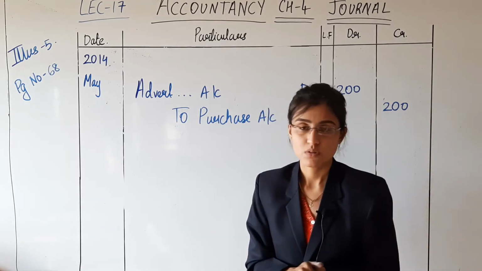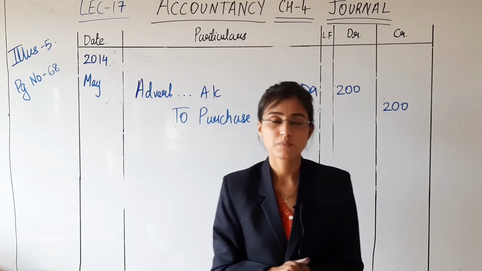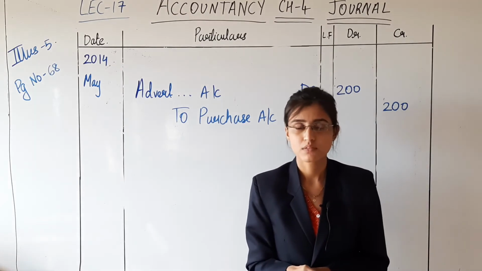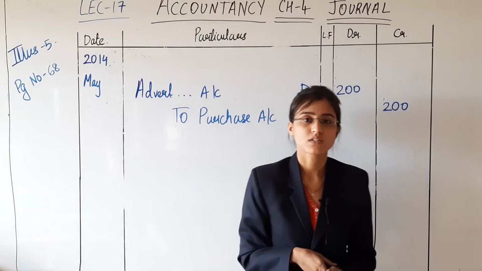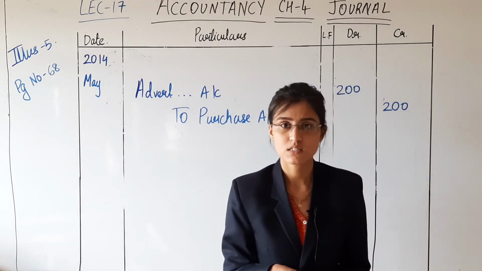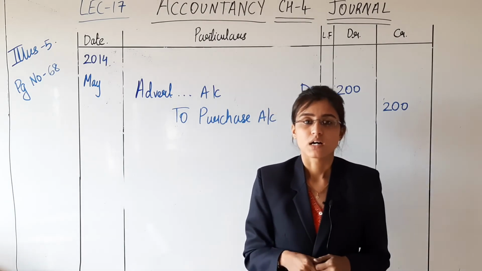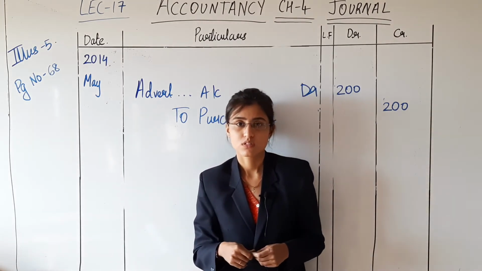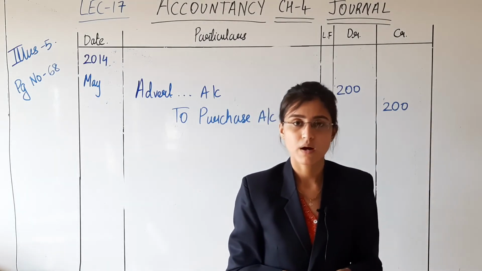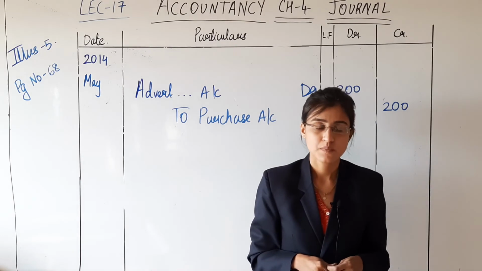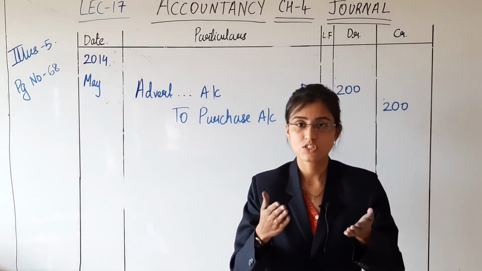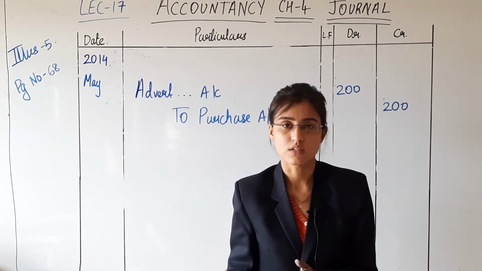So we have understood about the meaning of journal. Then we have started with illustration 1, which was extremely simple. In illustration 2, we have understood the concept of combined journal entries. That simply means that instead of writing down separate journal entries, you will write down one combined journal entry. Then illustration 3 was about the transactions of capital and drawings.